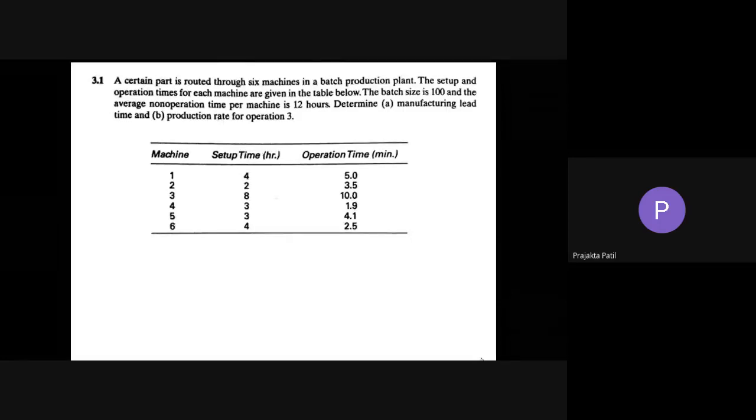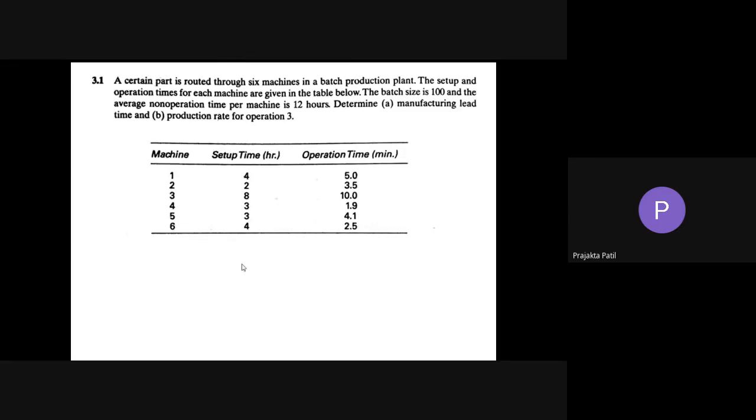So you see this table here, it is showing you the setup time in hours, the operation time in minutes. So here you have TSU, here you have TC. But this is given with respect to every machine. There are 6 machines. So one part is routed through all these 6 machines.